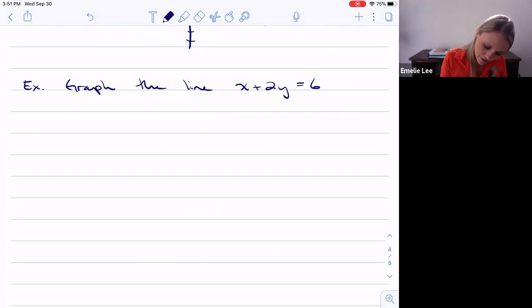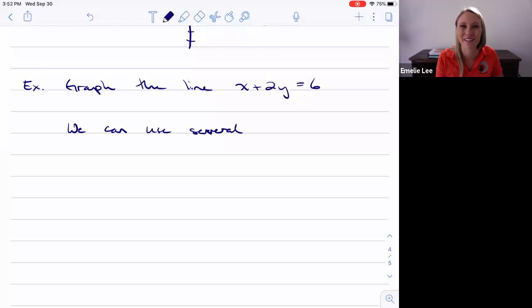So what we can do is, well, we can't graph it. We can use several approaches. That's what I meant to say. The graph is all the same.